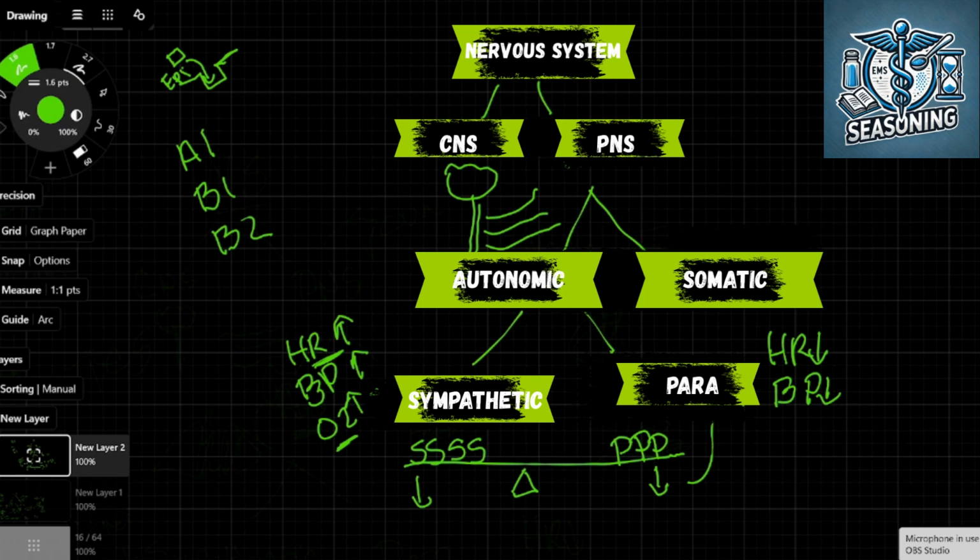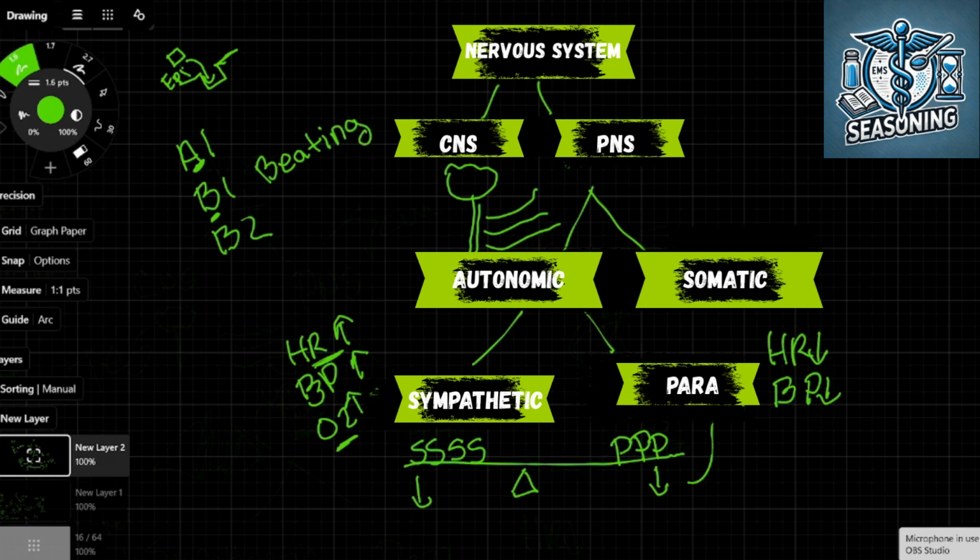Now, a lot of students mix these up, so I got a little memory aid to help you guys. The alpha 1 receptor sites are located in the arteries. A for arteries. The beta 1 receptor sites are located in the heart, so I think of beating, like a beating heart.